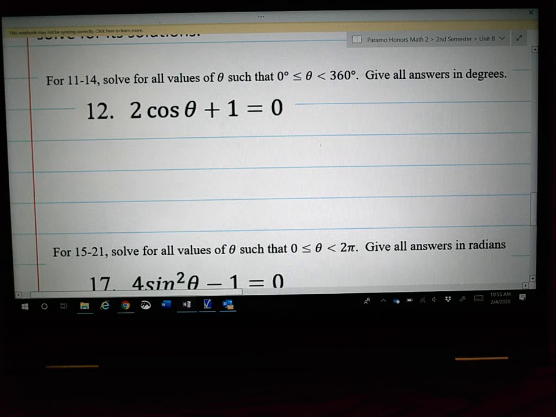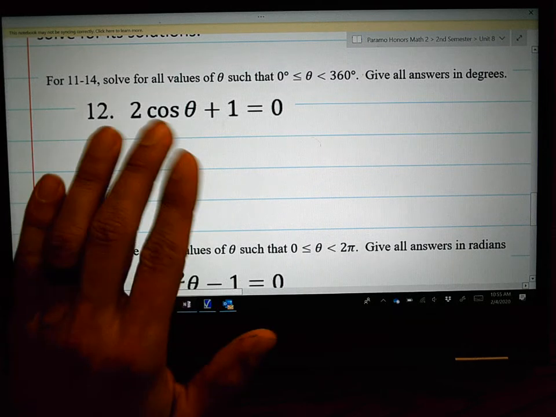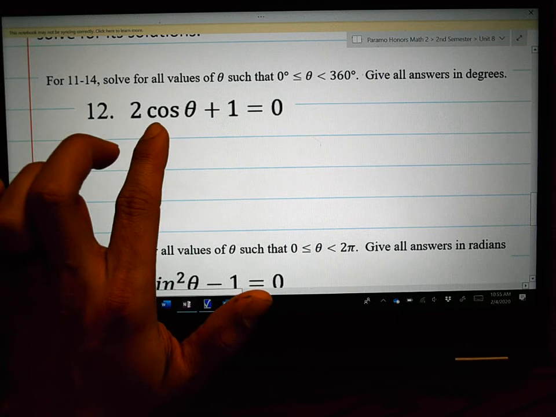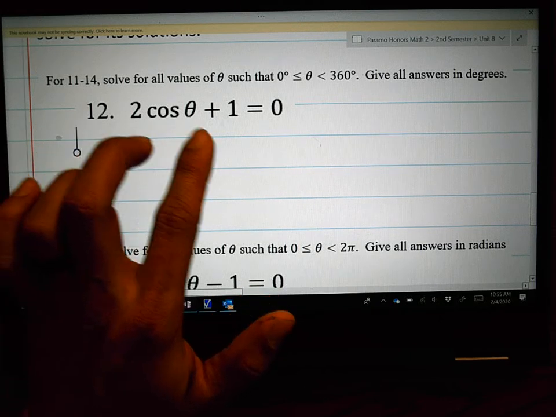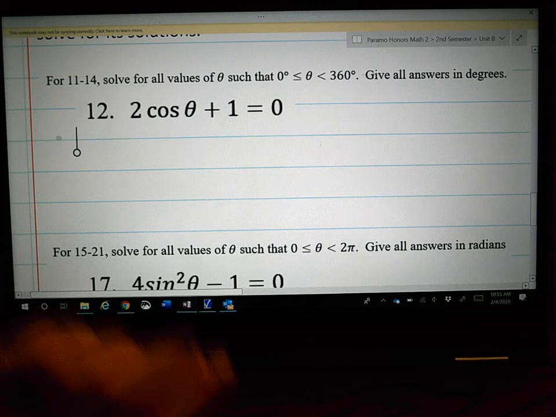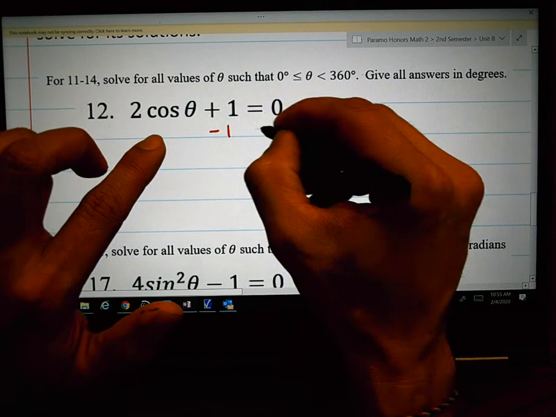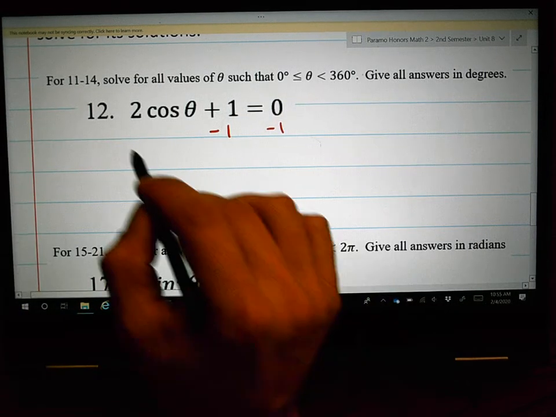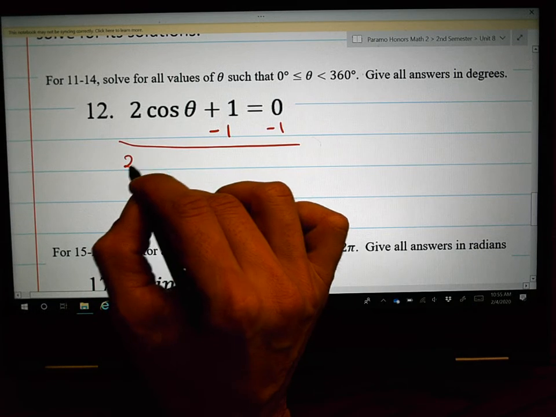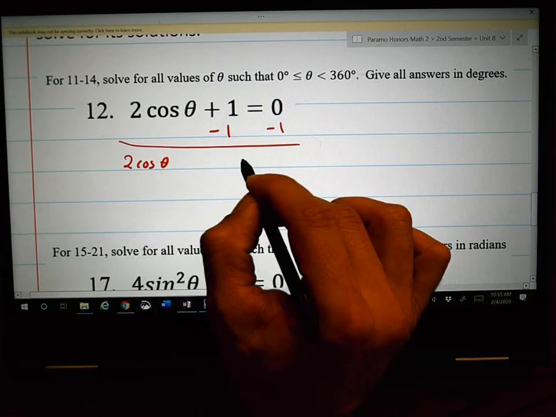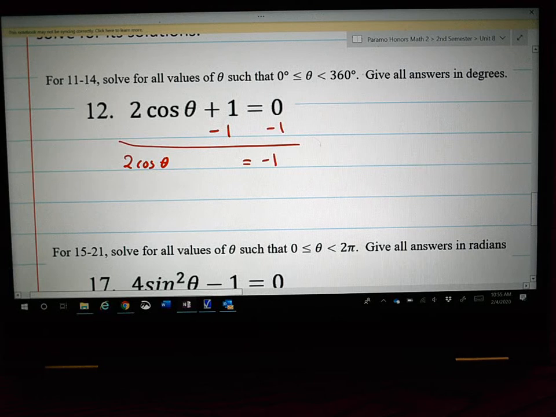Step number 1 says isolate the trig function. This trig function is 2 cosine theta. It has a +1 next to it. I would get rid of the 1 first by subtracting 1 to the other side. That would make 2 cosine theta equals -1. Always get rid of addition and subtraction first.